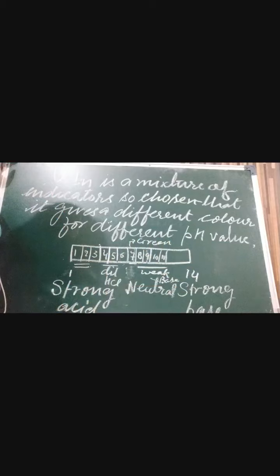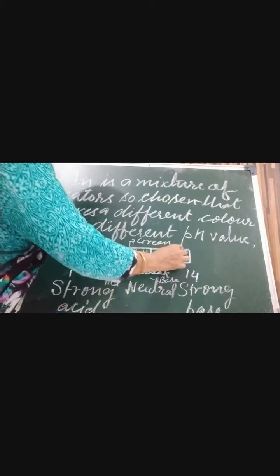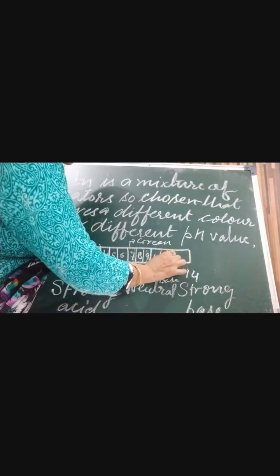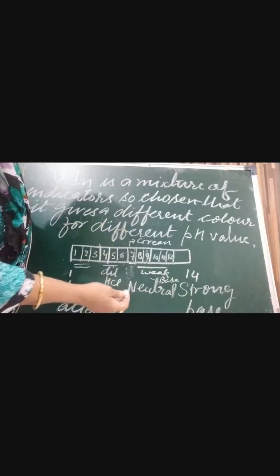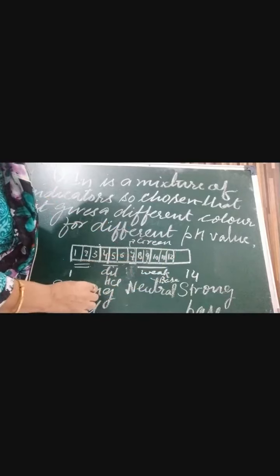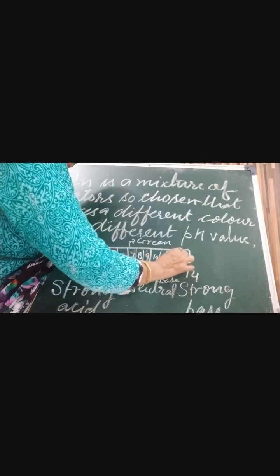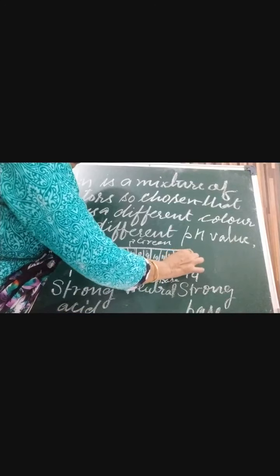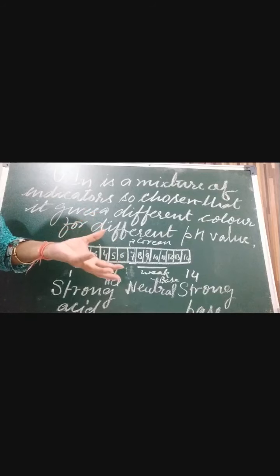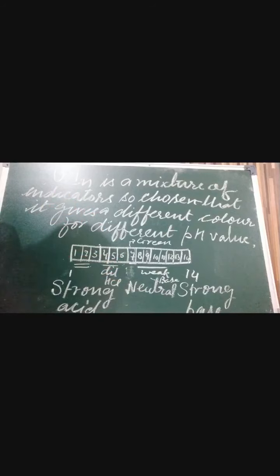Now, after that 12, a little more strength, means stronger than this base, 12, 13, 14, whatever is the color given in the strip, if that is coming, it means whatever solution we are having, that is a strong base, okay.